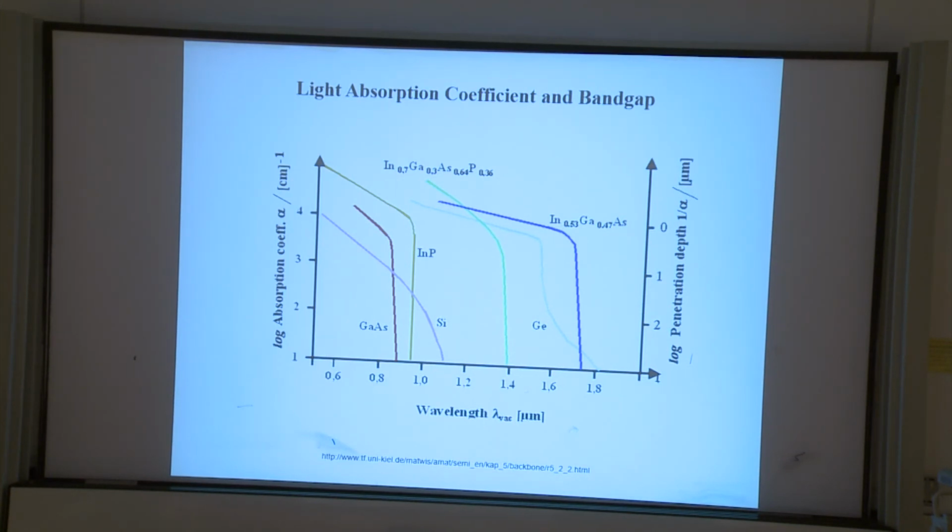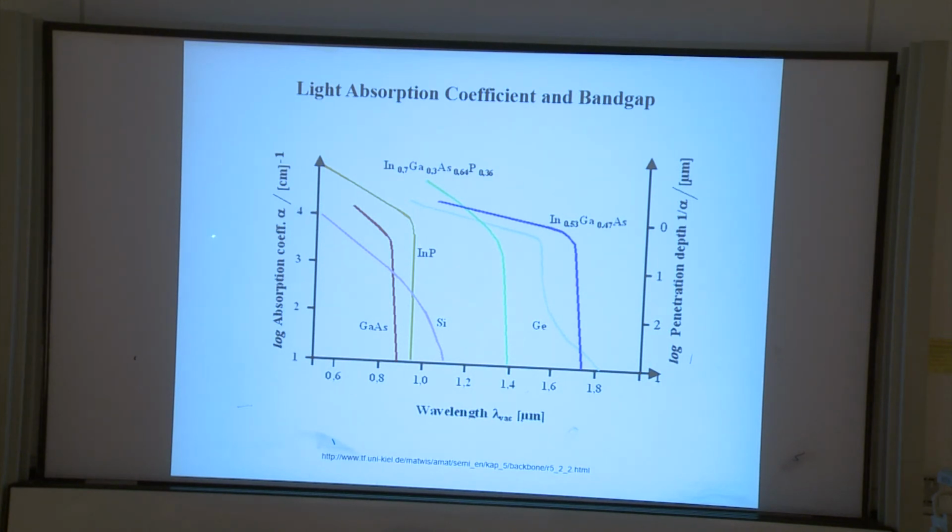If it's larger, it's more efficient and can absorb a very large amount of light. And if it is zero, that means the material is transparent to photons of certain wavelengths.